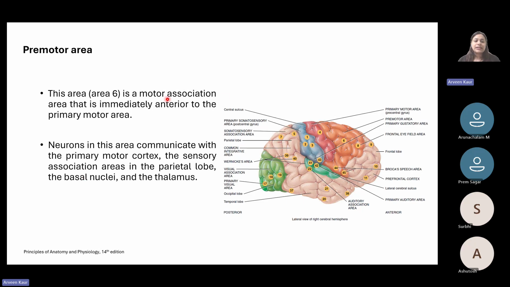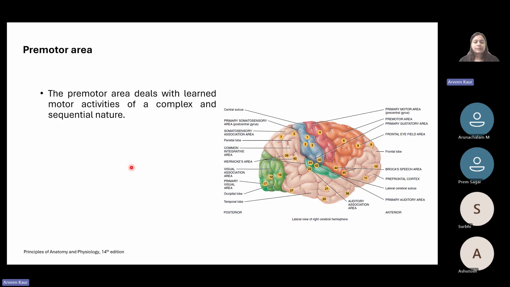Right? Then comes the premotor area, right? It is a motor association area that is immediately anterior to the primary motor area. The neurons in this area communicate with the primary motor cortex, the sensory association areas in the parietal lobe, the basal nuclei, and the thalamus.